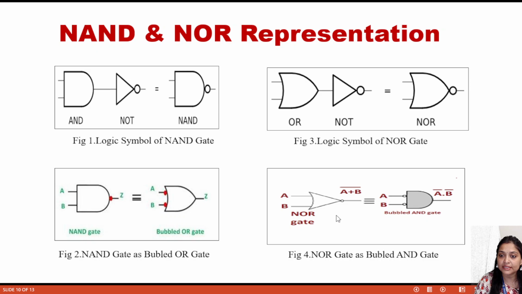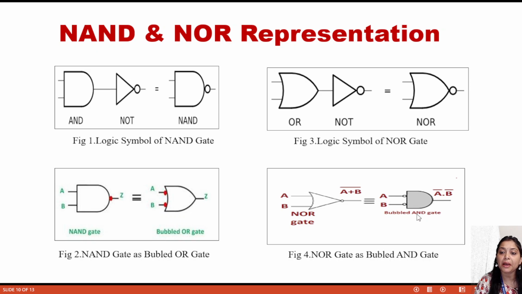Same as if there is an AND gate, this is actually the AND gate representation. If I add two NOT gates here, then we can represent it as a NOR gate. So let's see, this is actually A and B. For the NOR gate with inputs A and B, the output we all know already is (A plus B) bar.